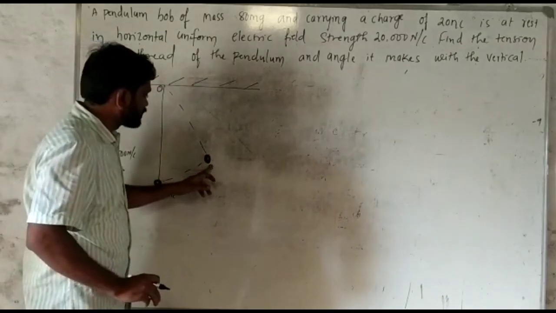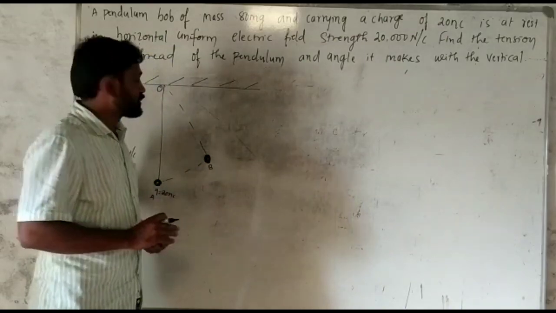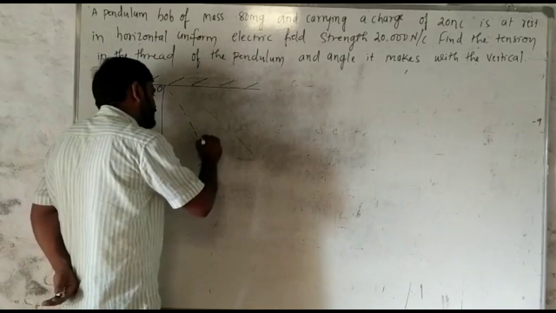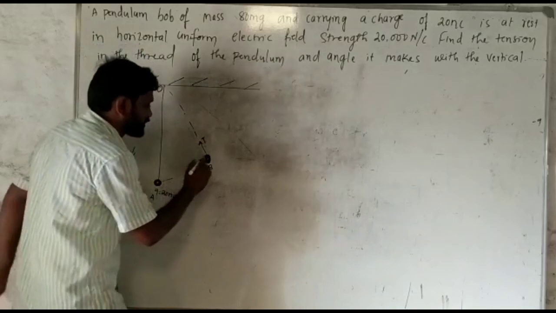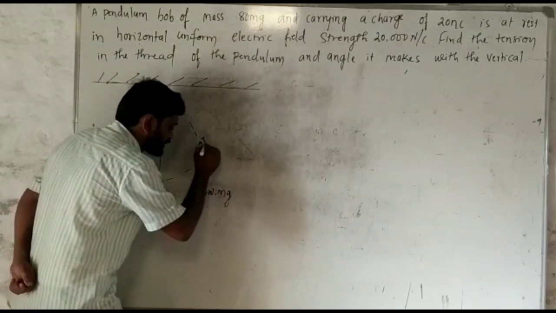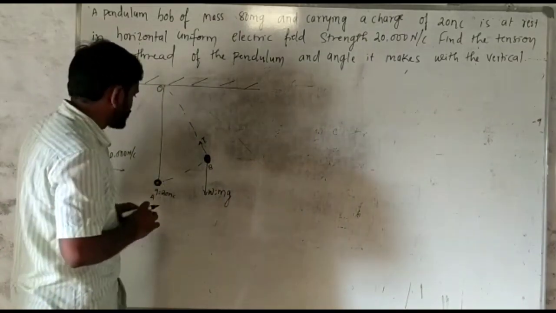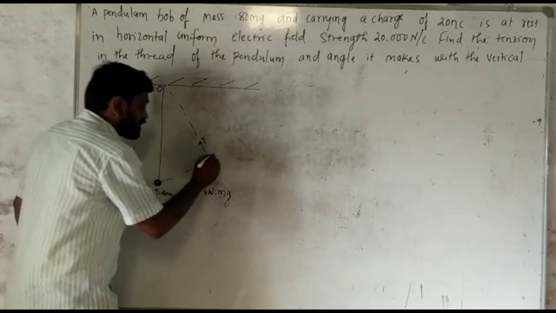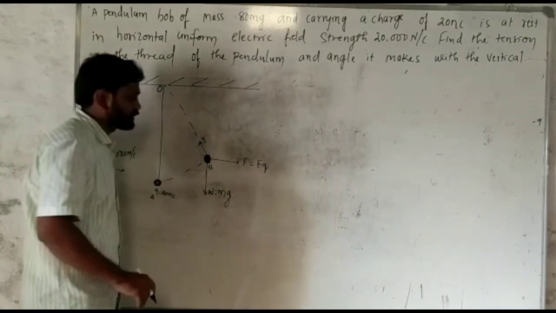At the point B, three forces are acting on this bob. One is the tension in the thread, T, along the direction of the thread. Another is the weight of the bob, W is equal to mg, vertically downward. Another force is due to the electric field, along the direction of the electric field, that is F is equal to EQ.